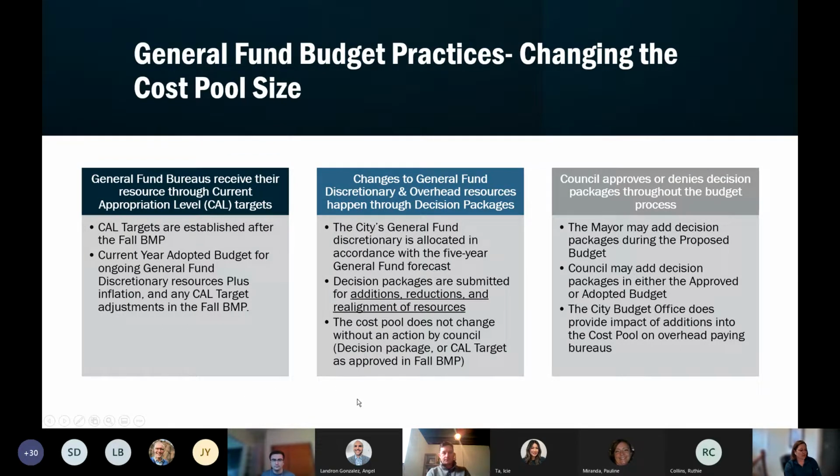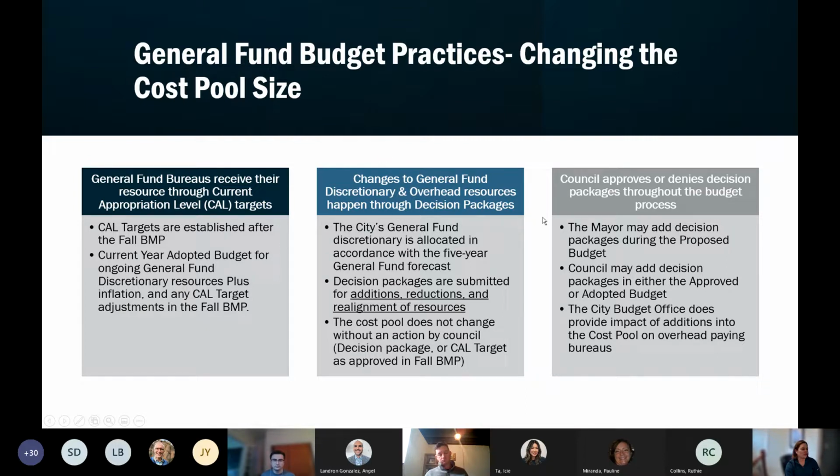So this is, again, just a slightly modified way to recap, which is that general fund bureaus receive their resources through current appropriation levels. So the CalTargets are established after the fall bump: the current year adopted budget for ongoing general fund and discretionary, plus the inflation and any CalTarget adjustments in the fall bump. Those may impact both regular general fund discretionary backed programs, and they also may impact programs in the overhead cost pool.